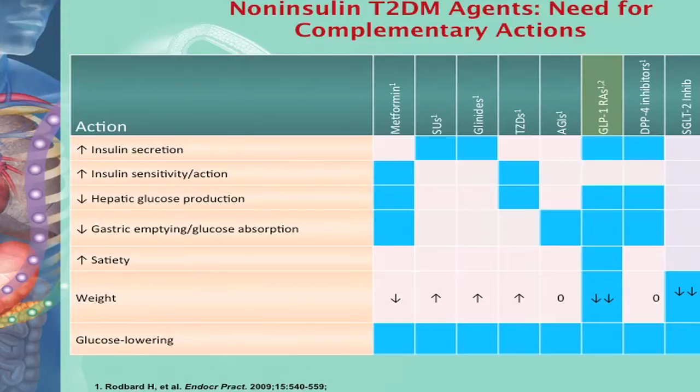But some of them, the more novel recent agents, we've just talked about the GLP-1 receptor agonists. One of the reasons we're excited about them is because they can do a lot of stuff. But now we've added to this mix the SGLT2 inhibitors, and now we're starting to see even more capacity for complementary action.